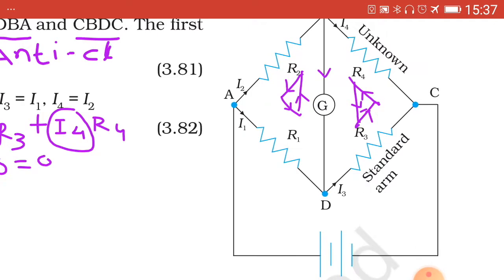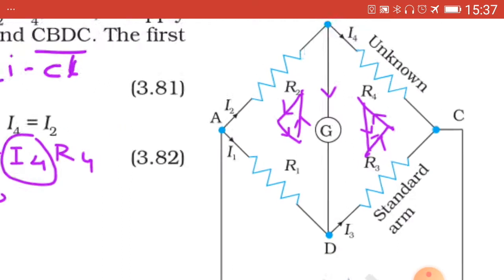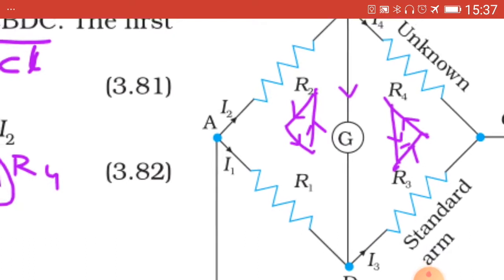Why junction? Because at A three wires meet, and the current splits into two currents, I1 and I2.